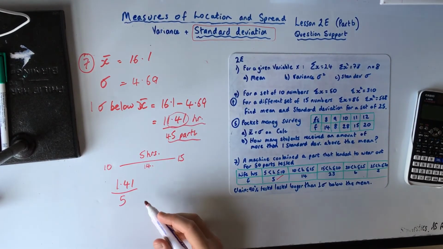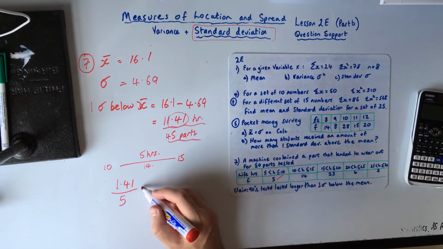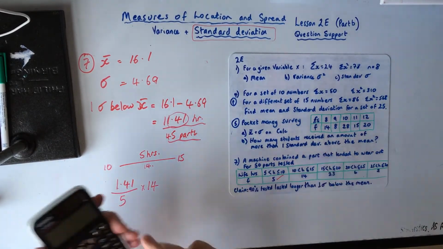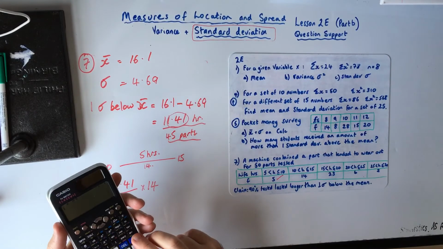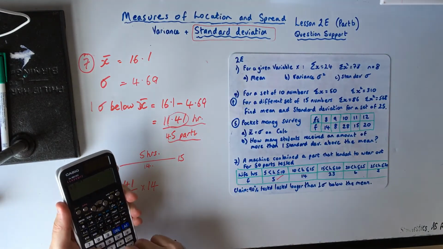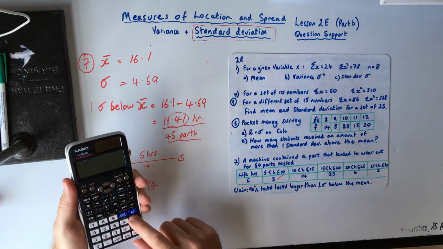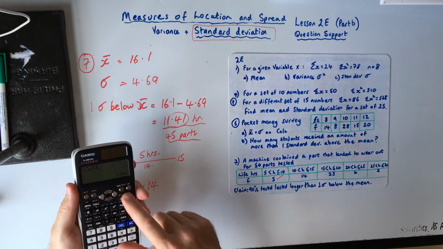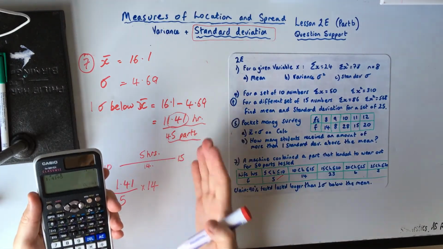And how many machines would that be? Times 14 machines. So 1.41 divided by 5 is 0.28, almost 30% into this group.